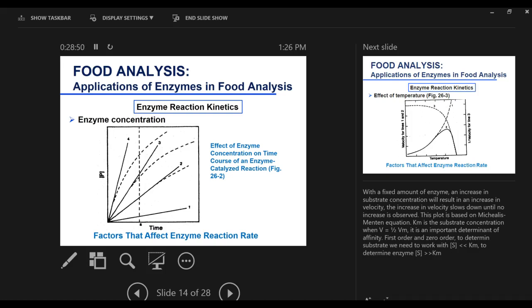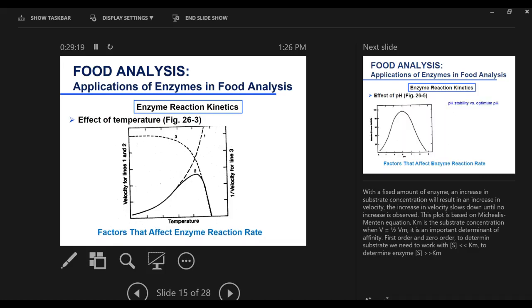So if I want to stay linear, the time might be like 10 seconds, which doesn't make sense for me when I'm running an enzymatic reaction. 10 seconds is terrible. So you want to make sure you have enough time to do your measurement and the right concentration so that you remain within the prediction. All right.